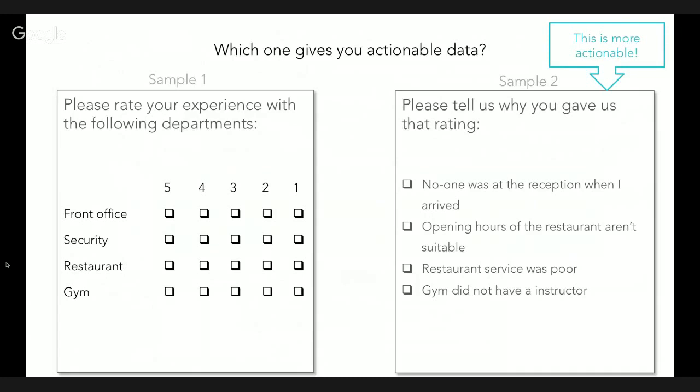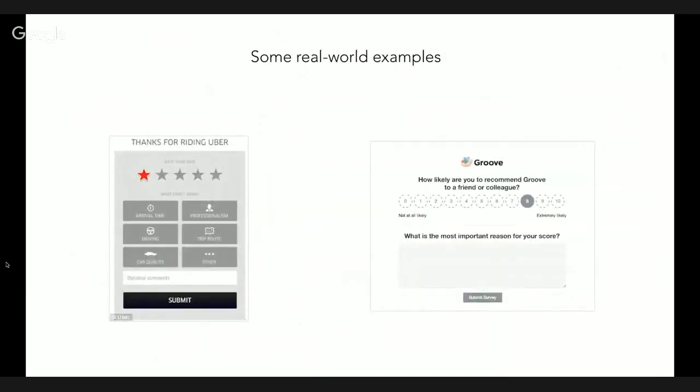Along with that, you can also ask a follow-up verbatim section where you ask your customers to punch in their details or to write their comments. These are some real-world examples of how companies are doing it. The Uber way of doing it is where you ask for a rating on a 5-point scale, and then the follow-up question is what didn't work? Was it the arrival time? Was it the professionalism?